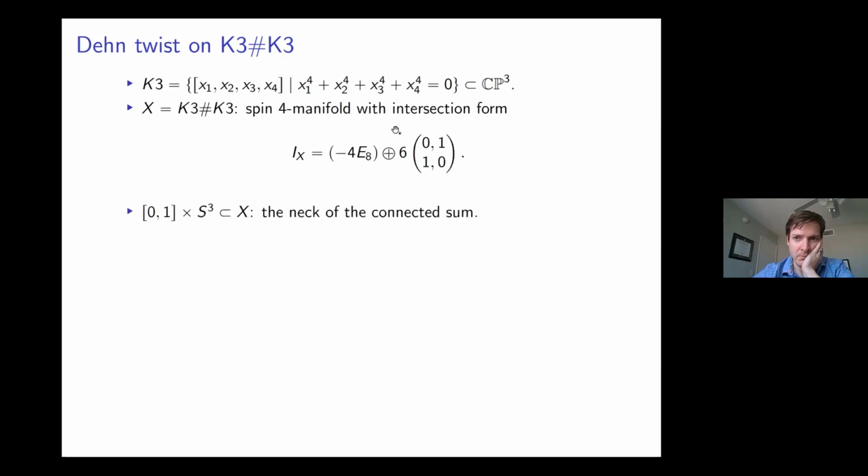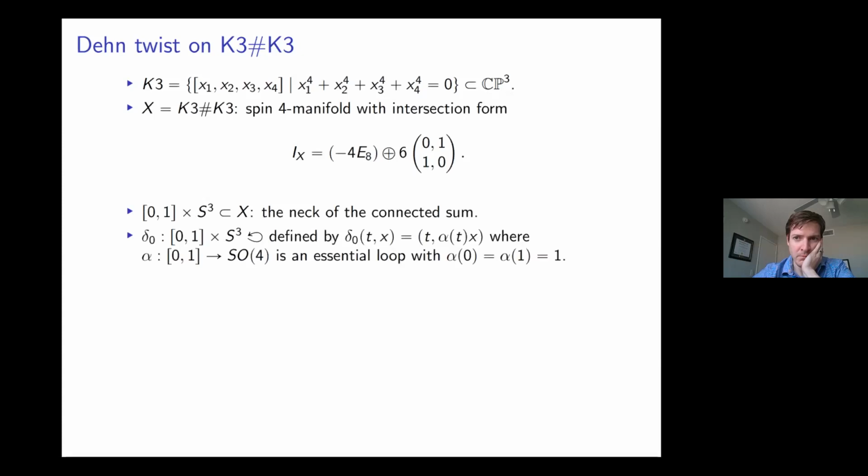Since X comes from a connected sum, there is a neck of the connected sum, namely a product of the interval [0,1] with the 3-sphere. Because of this neck, there is an interesting self-diffeomorphism on it. We call it delta 0, defined by sending (t, x) to (t, alpha(t)x), where alpha is the essential path in SO(4).